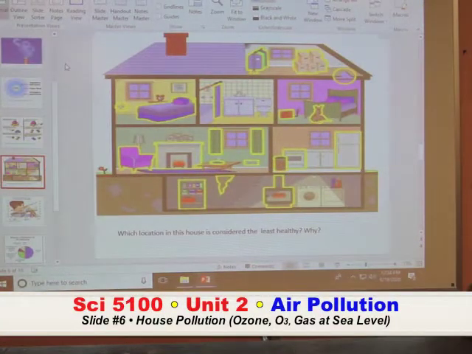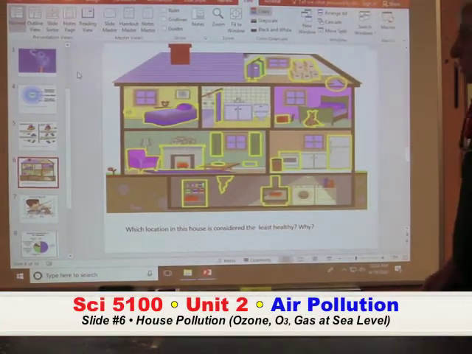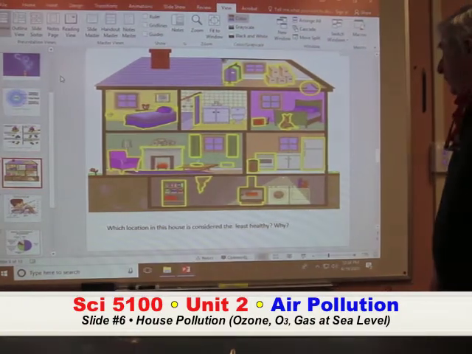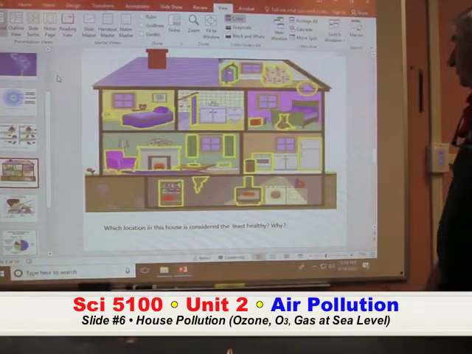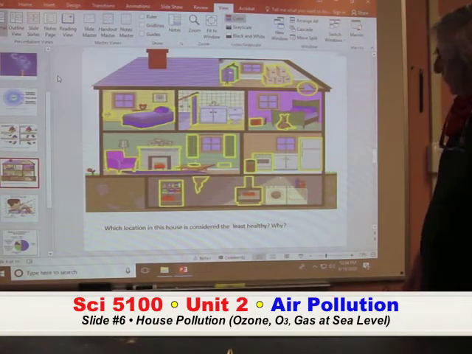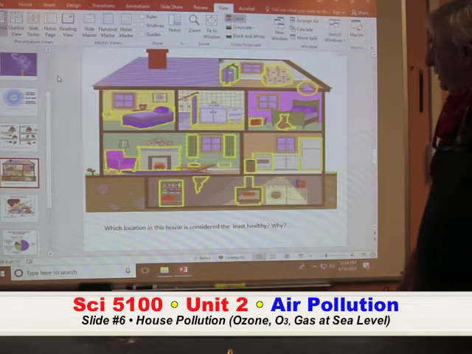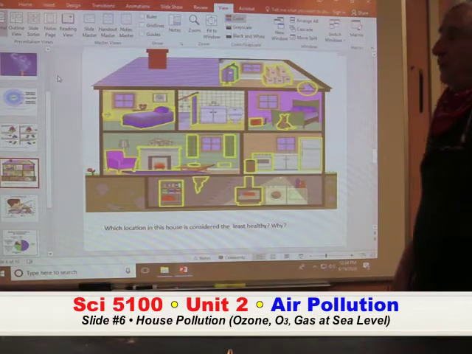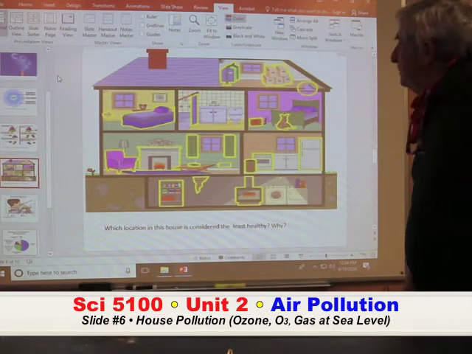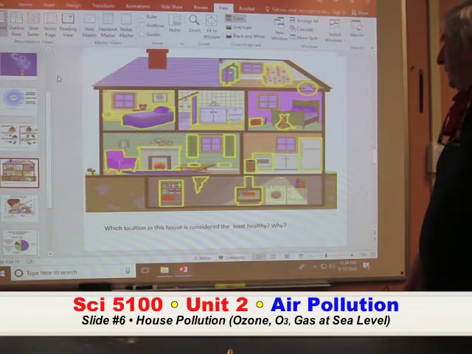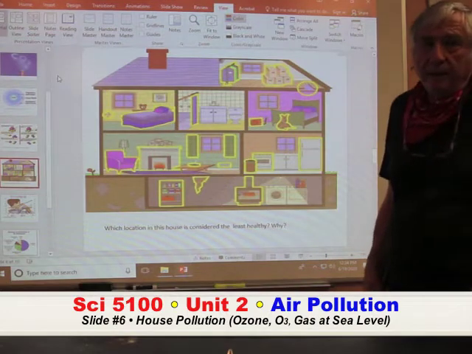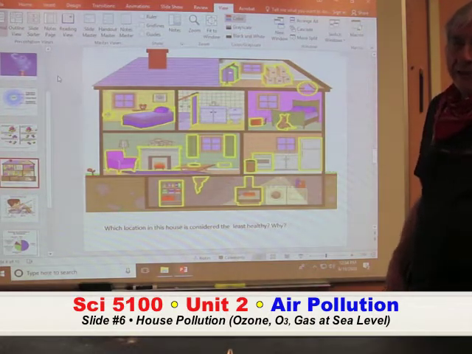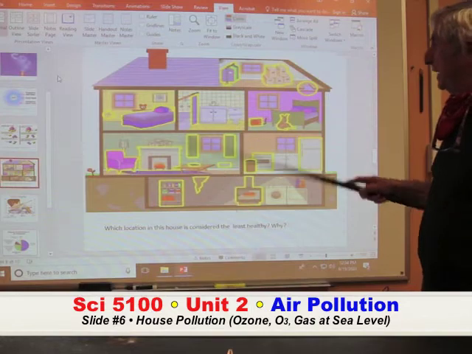So we have a case of most of us spending most of our time indoors, and if you look at this picture here, you might ask about the different rooms, bedrooms and living rooms, basements in some cases. Which area do you think might be not as healthy to live in a house like this, which has a basement, first floor and second floor?